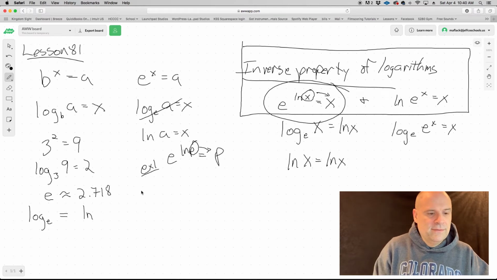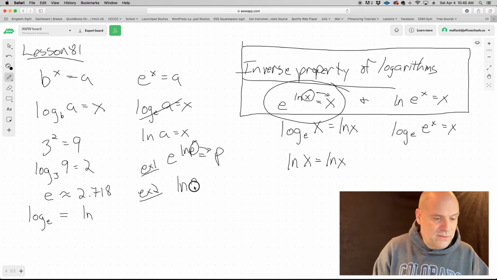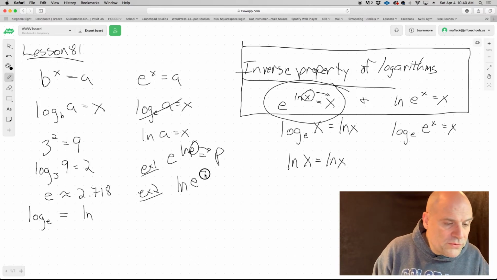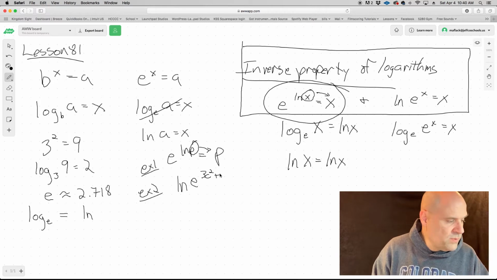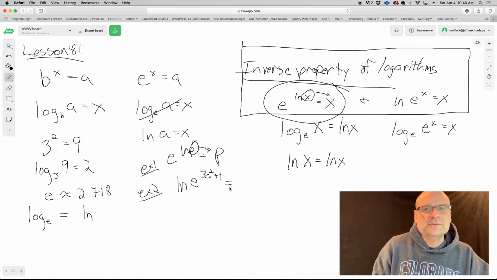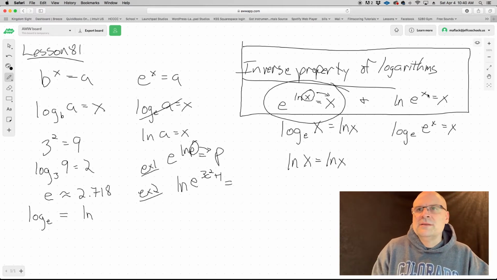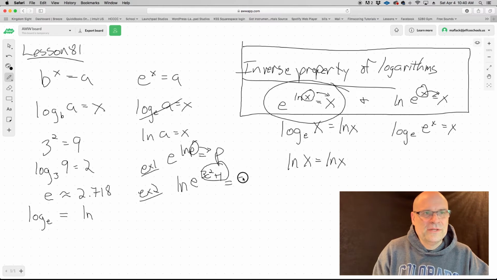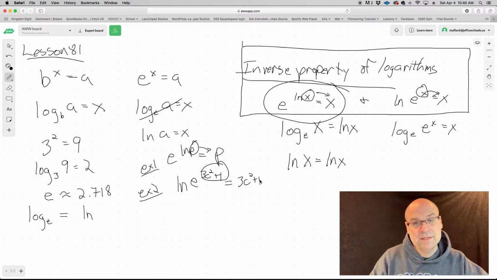Example 2, let's simplify natural log of e to the 3c squared plus 1. What does that equal? Well, it looks like this is just what that is. So we're just going to write 3c squared plus 1. Pretty simple. All right, let's move on.